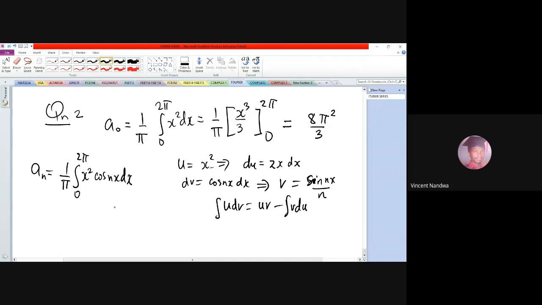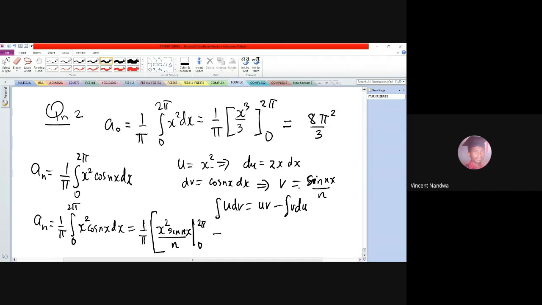So we know the integral of u dv is uv minus the integral of v du. So an equals 1 over pi integral from 0 to 2 pi of x squared cosine nx dx, which equals 1 over pi times uv, which is x squared times sine nx over n with limits 0 to 2 pi, and then minus the integral of v du.